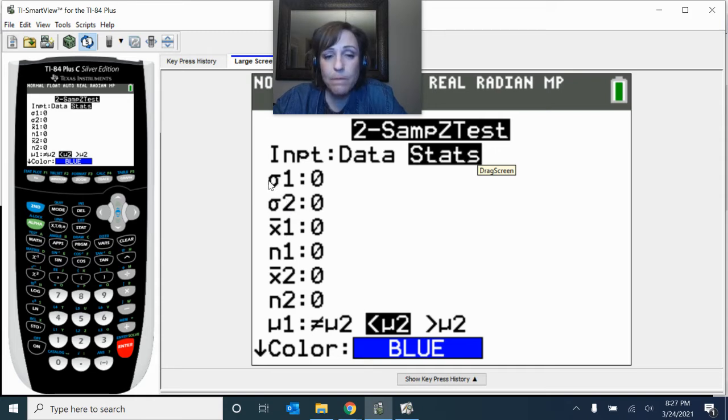That is the population standard deviation. In order to do a Z-test for means, you have to have the population standard deviation, and we don't. We rarely ever do, which is why we're doing t-tests. So let's go on to that menu.